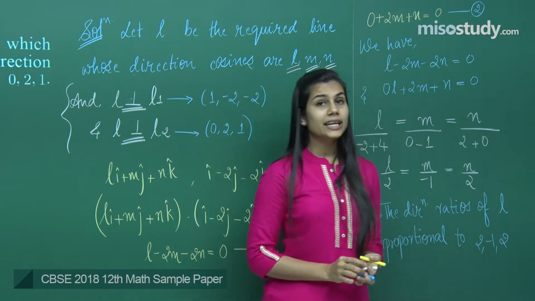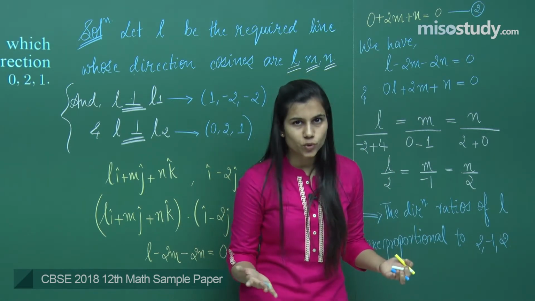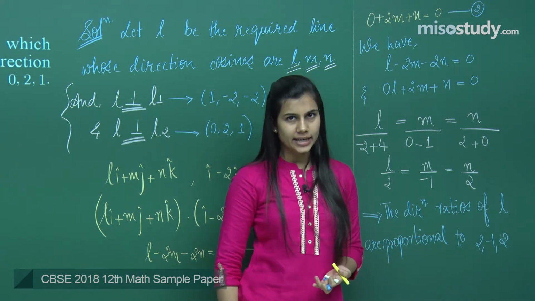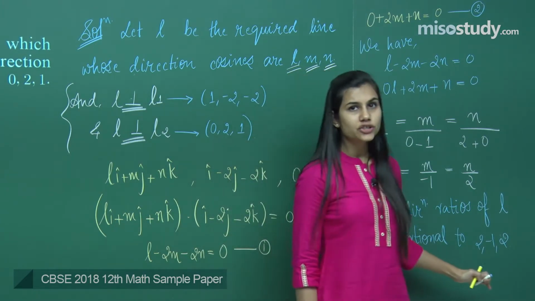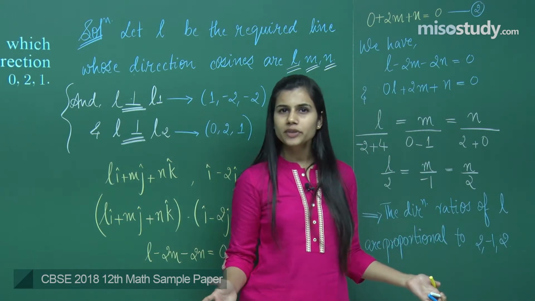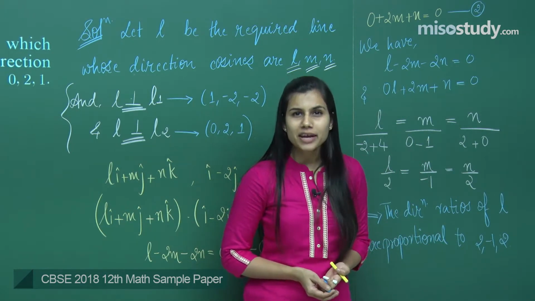So, we basically had the aim of finding the direction cosines, but somehow we have found the direction ratios of line L. And once we know the direction ratios of a line, cannot we find the direction cosines of that line? Of course, that's something very simple.